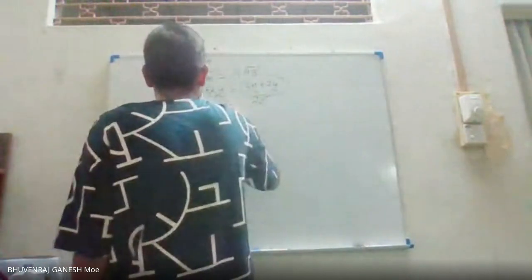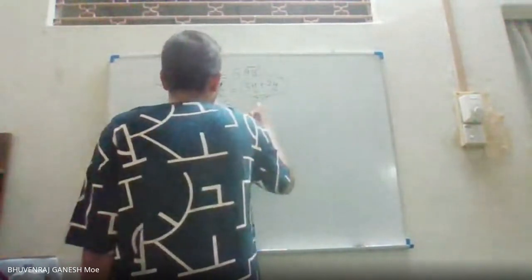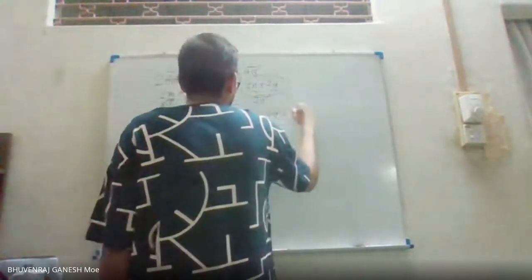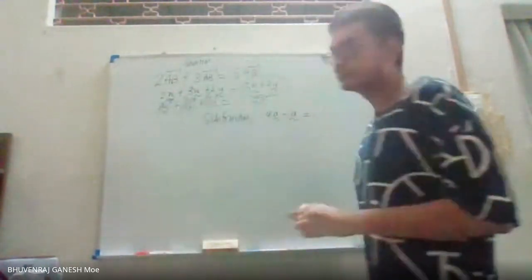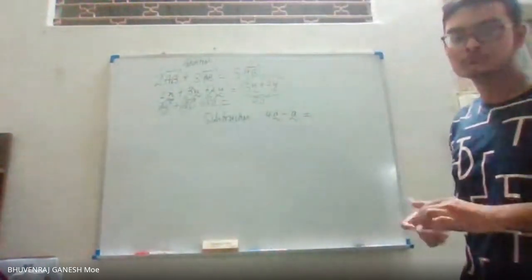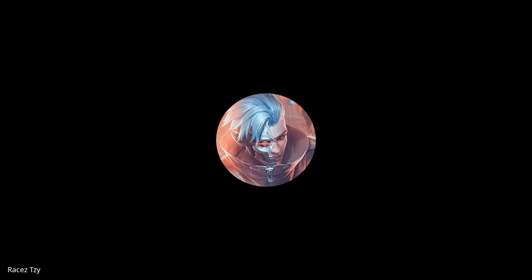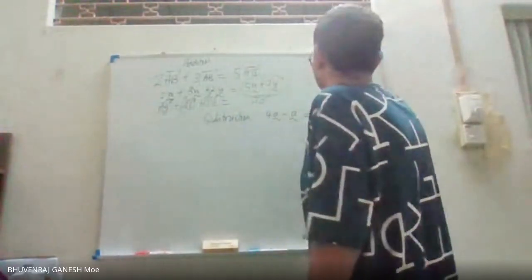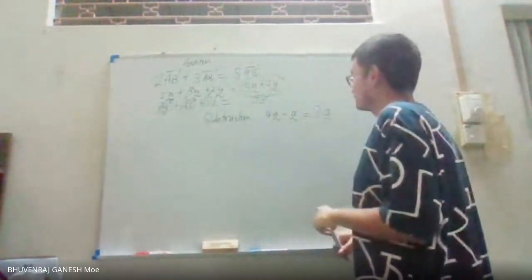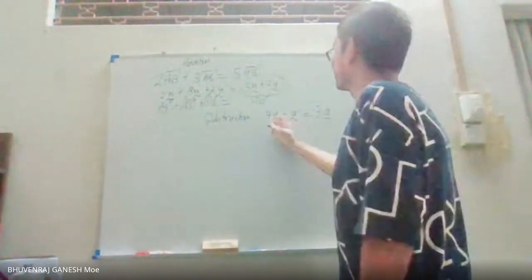So subtraction, let's see. 4a minus a, what will you get? A. Yeah, correct. So simple as that. Let me think of any other. I give you a vector example.